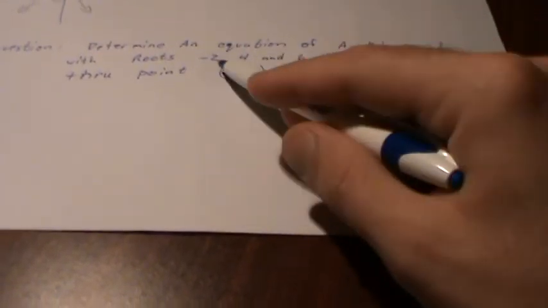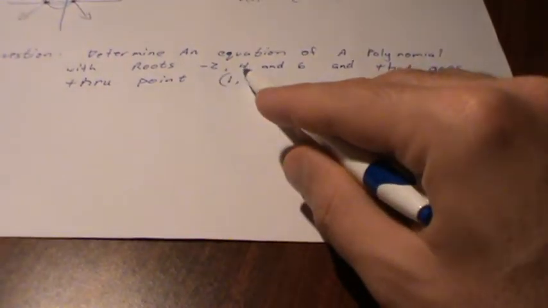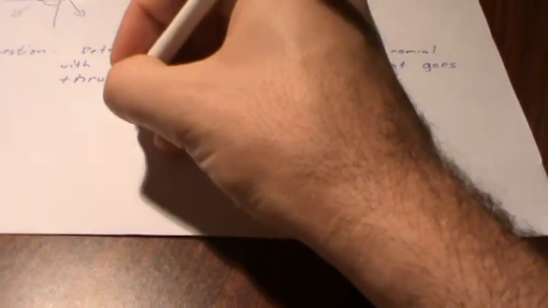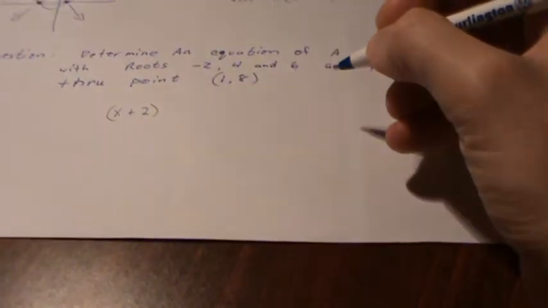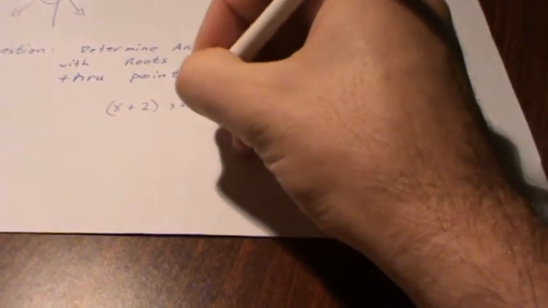So in order to ensure that my polynomial has these roots, -2, 4, and 6, I build the following polynomial: x minus a -2, or x plus 2. Then x minus 4.